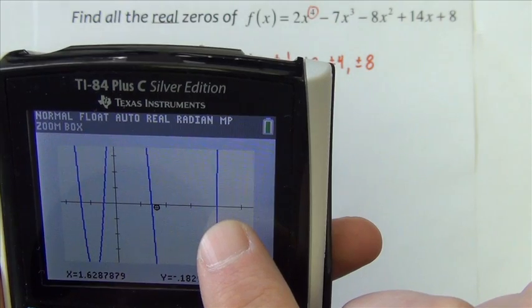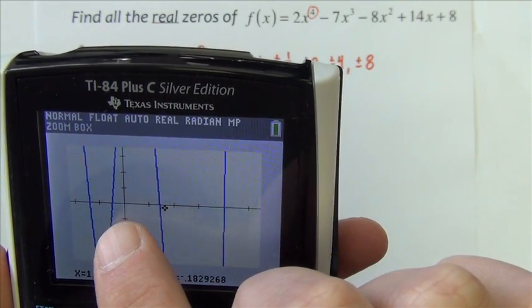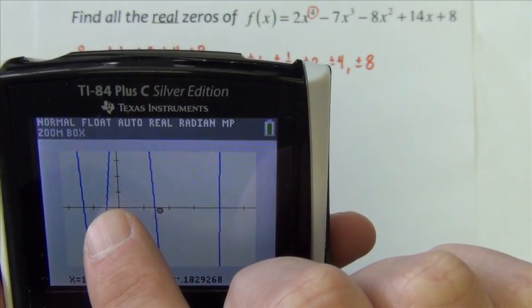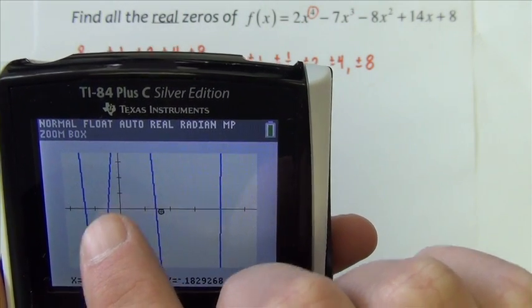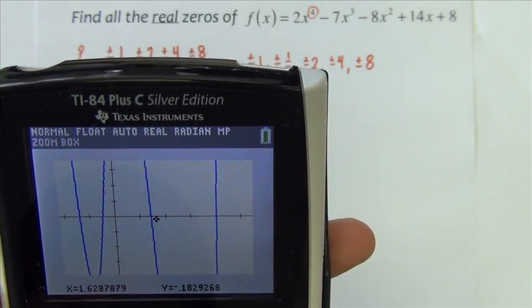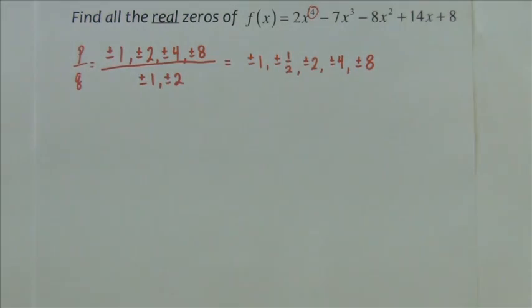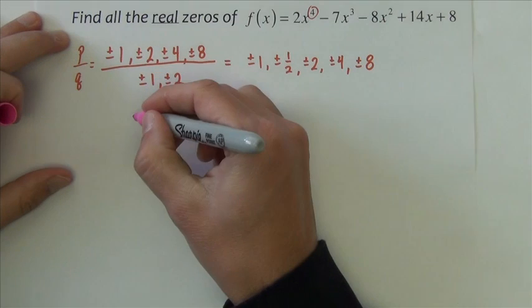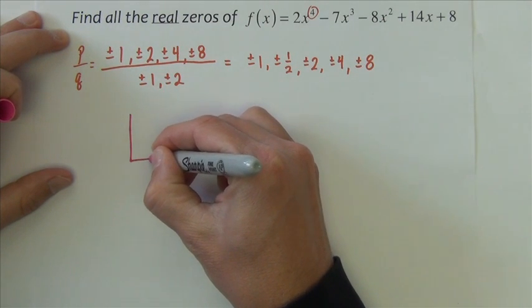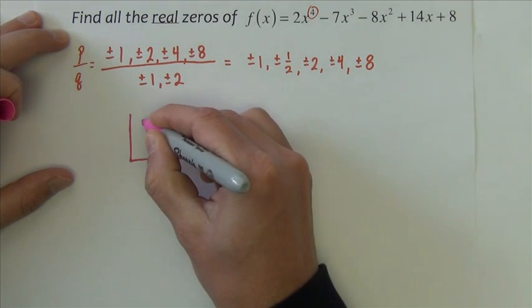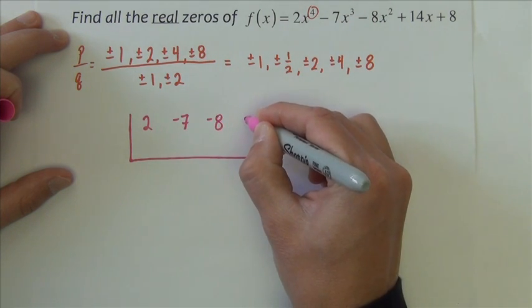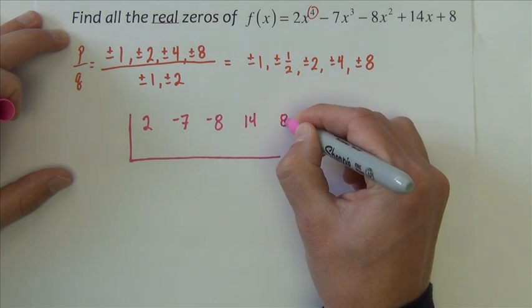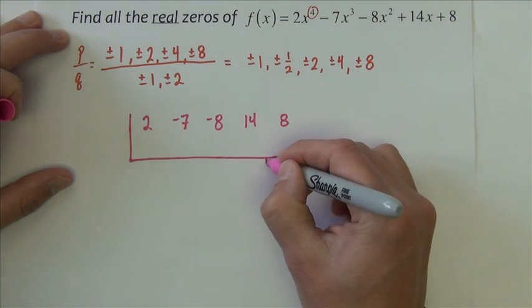I'm going to try 4, and I'm going to try this one here. If you've done this on your calculator, it's going to look to you like it does to me, that maybe that is negative 1/2. So let's try 4 and negative 1/2 and see if we get some zeros. Okay, so we've got 2, negative 7, negative 8, 14, 8, and we're looking for a 0.